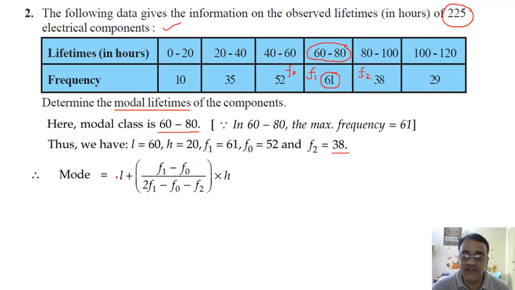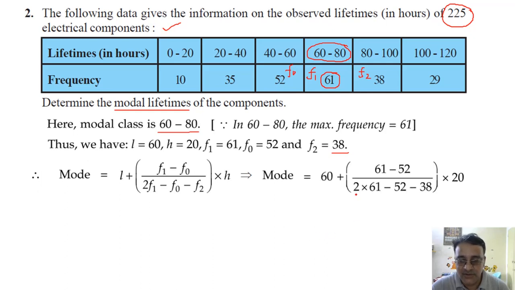Then we have to substitute: 60 plus (61 minus 52) upon (2 into 61 minus 52 minus 38). So 2 into 61 is 122, minus 90, and the numerator 61 minus 52 is 9.